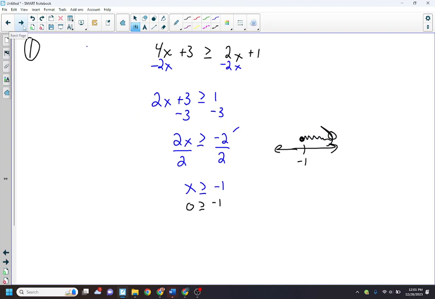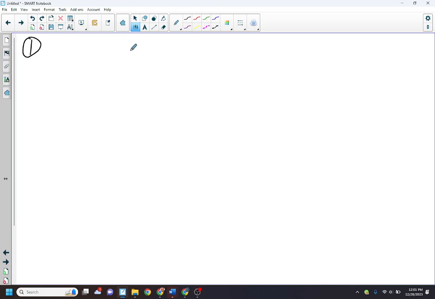There are compound inequalities. So for example, a compound inequality could be an or statement or an and statement. So an or statement like, let's get this one. 3x plus 2 is less than 8, or negative x plus 3 is less than negative 2.